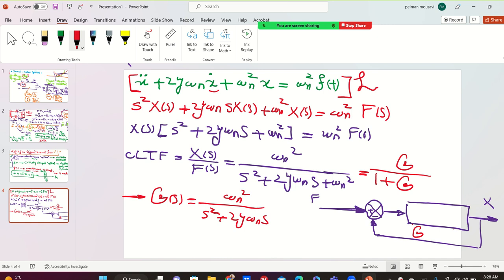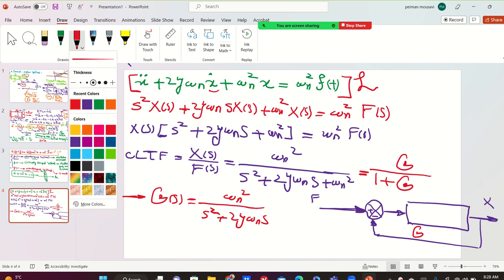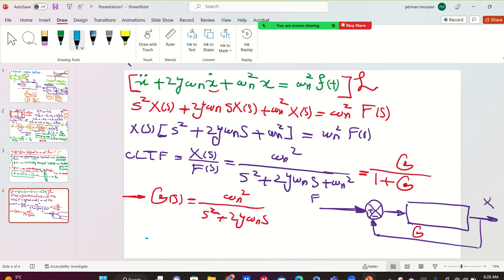Or intentionally I'm writing it as omega n squared over s times s plus 2 zeta omega n. Guys, look at this open loop transfer function very carefully. What do you see? System has what by itself?